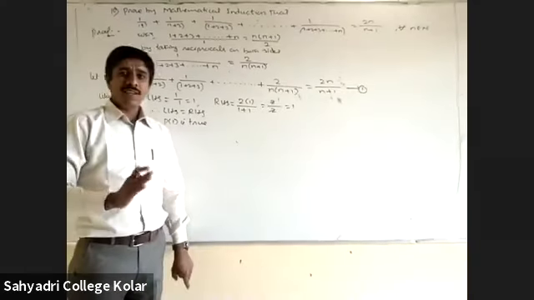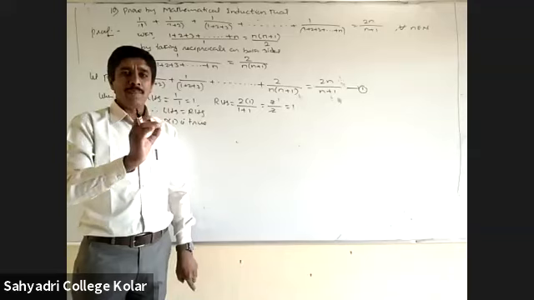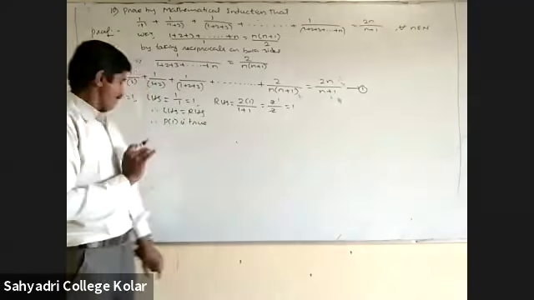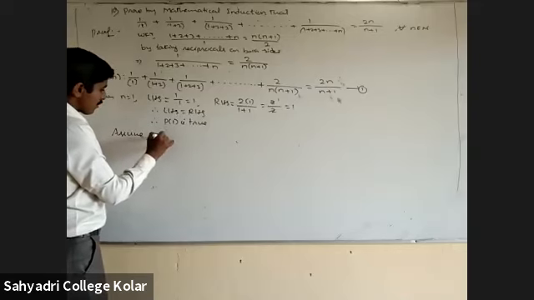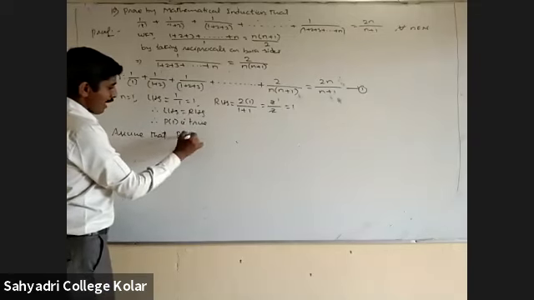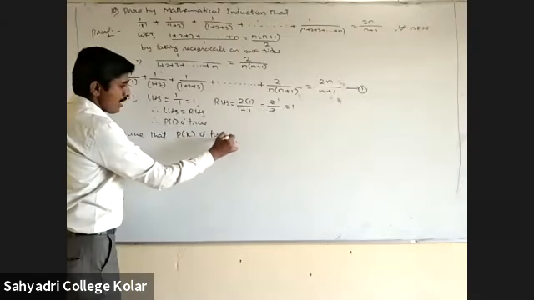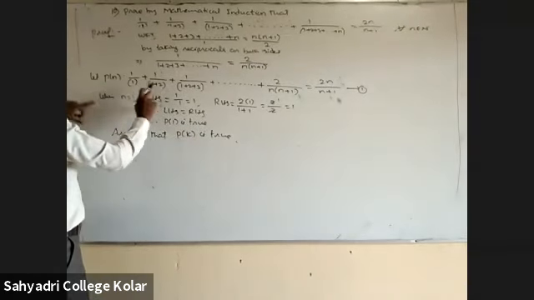Now assume that the second statement is true, that is, P of k is true. Just substitute n is equal to k in equation 1.